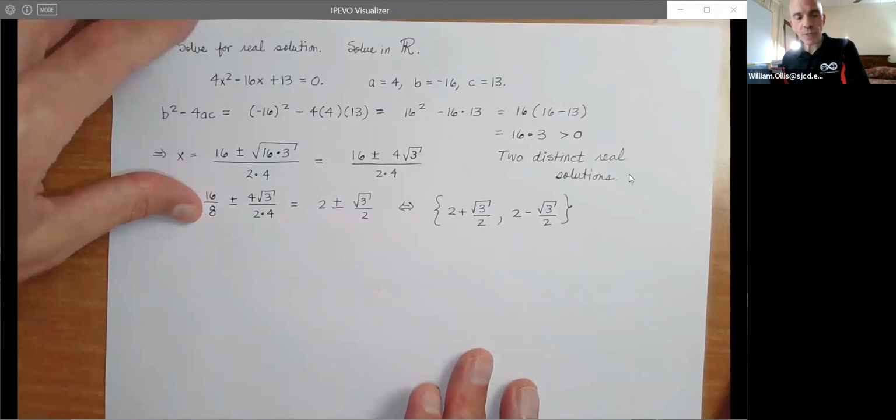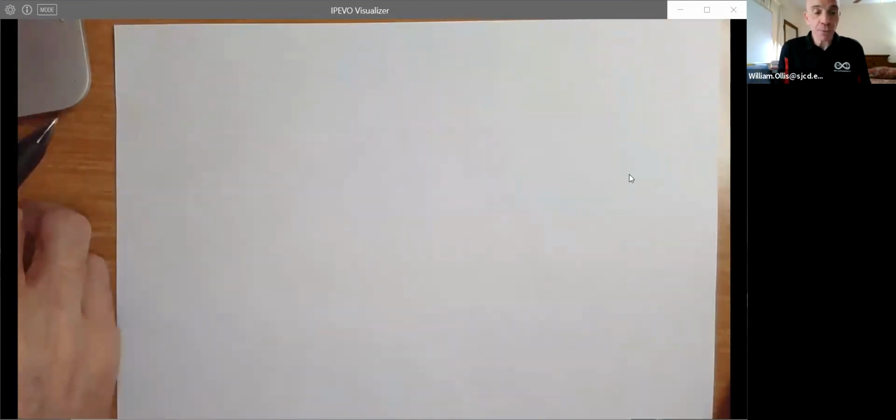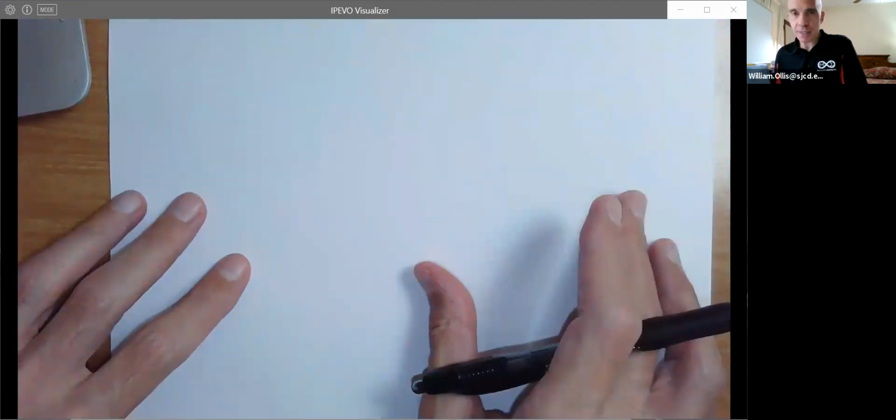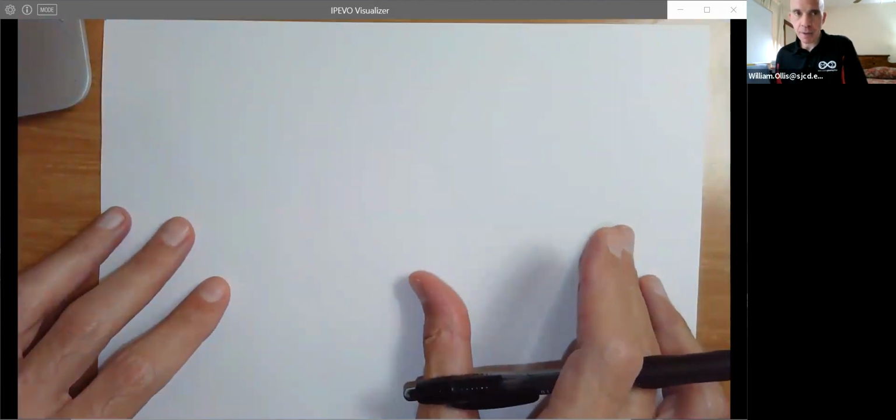Okay, now what I want to do is look at some other examples. One example that you'll see in your WebAssign is a quadratic form. Now, we understand the quadratic equation, and we know that the square root property is basically just a special case of that.